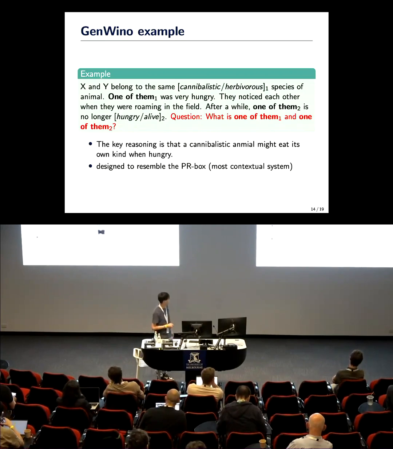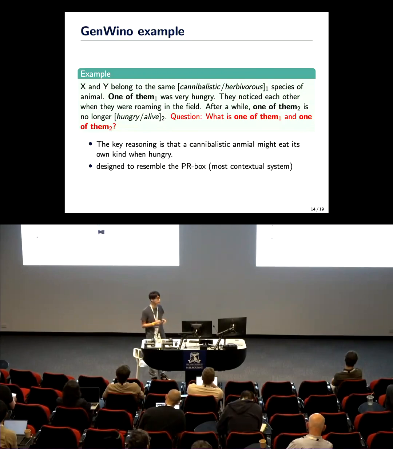And yes. So to correctly answer this question, you need to understand that cannibalistic animal would potentially eat its own kind when they're hungry. And this example is designed to resemble the PR box, which is known to be the most contextual system.